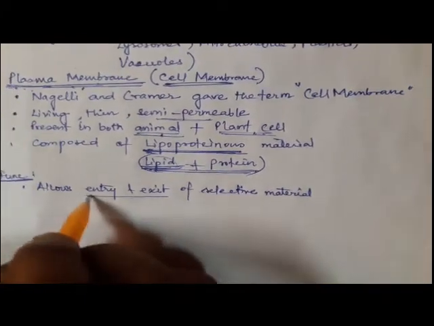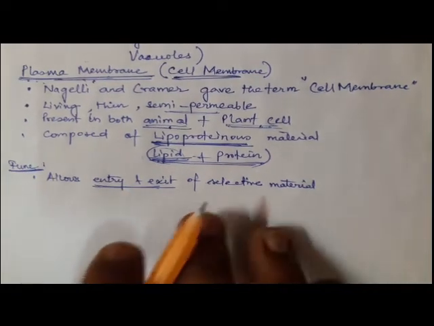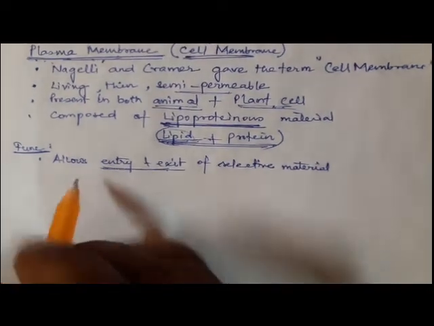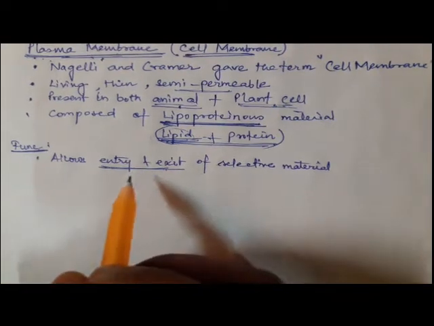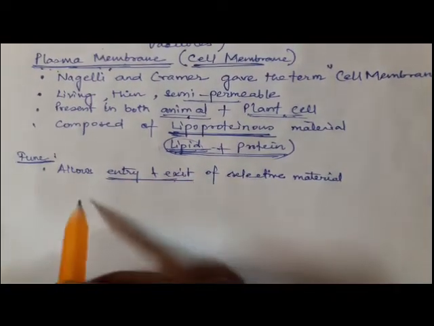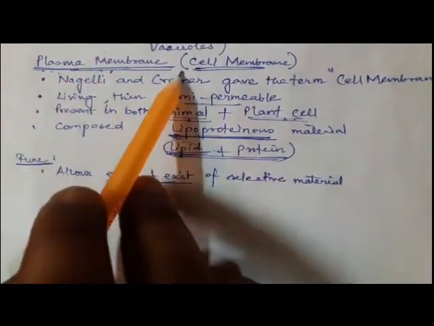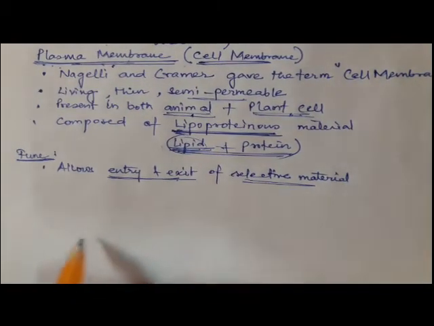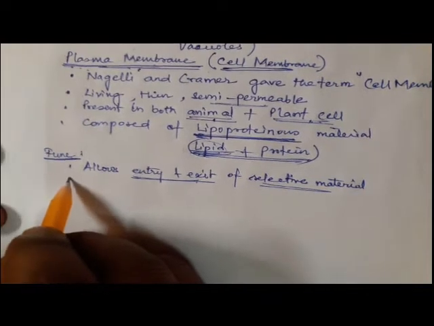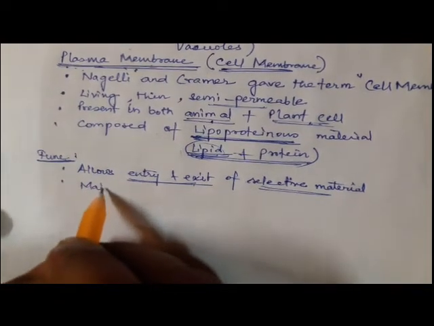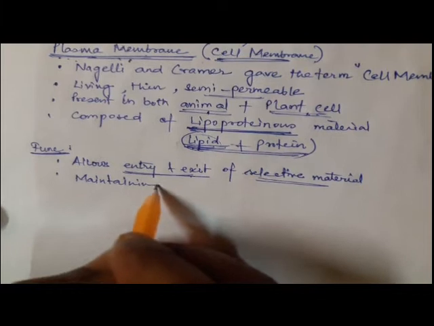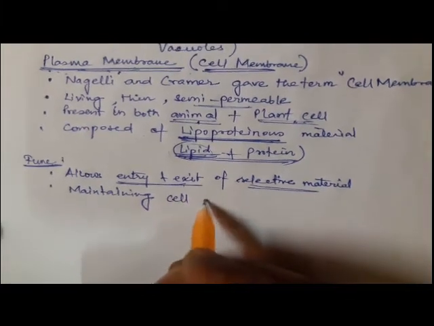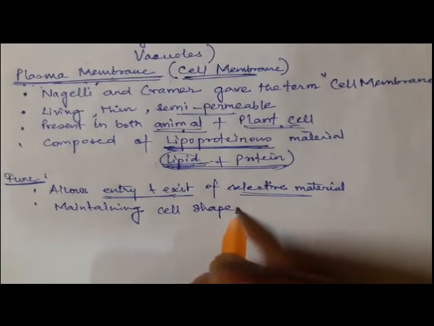As I say entry and exit, I mean that if we are talking of movement of molecules and particles across the membrane, that is going to happen through the plasma membrane, because it allows selective material only to pass through it. It also helps in maintaining cell shape, right?